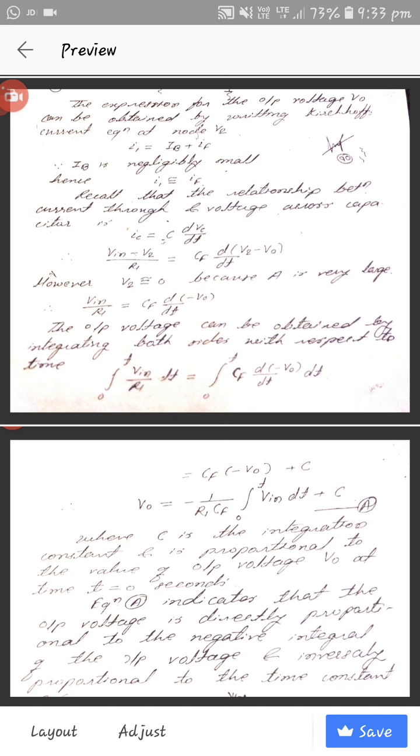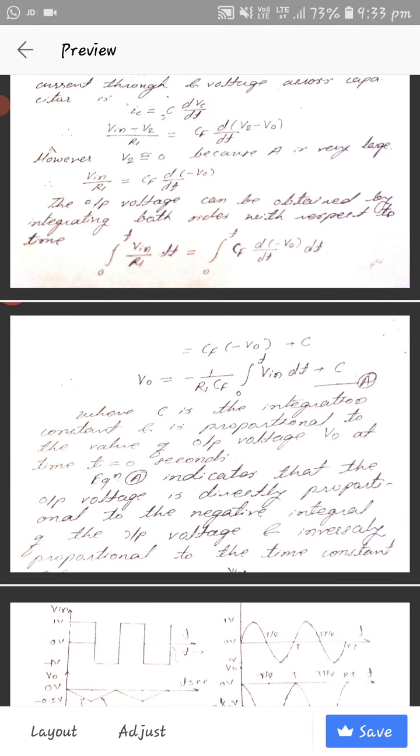So the equation becomes Vin/R1 = CF d(-V0)/dt. The output voltage can be obtained by integrating both sides with respect to time, from 0 to t.